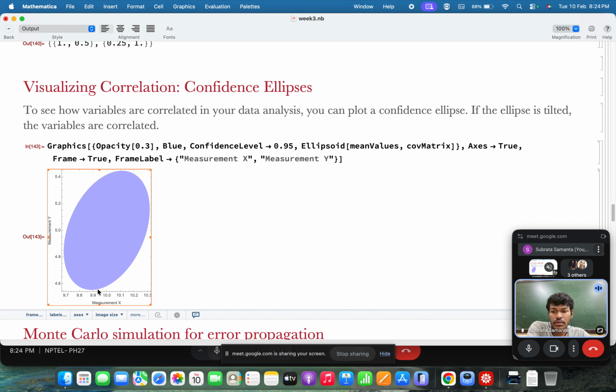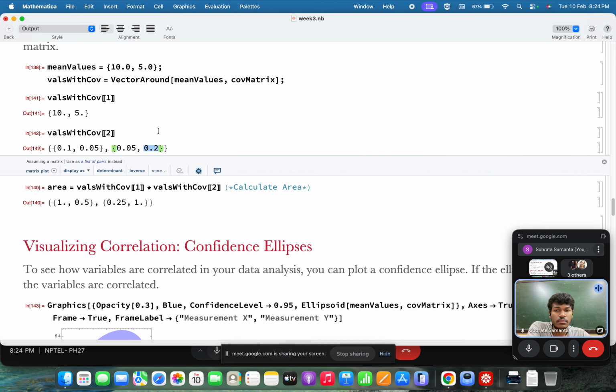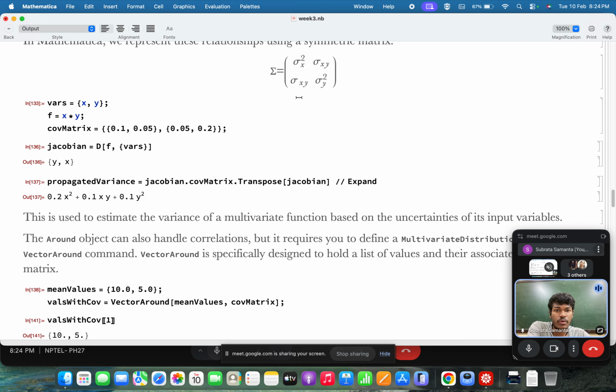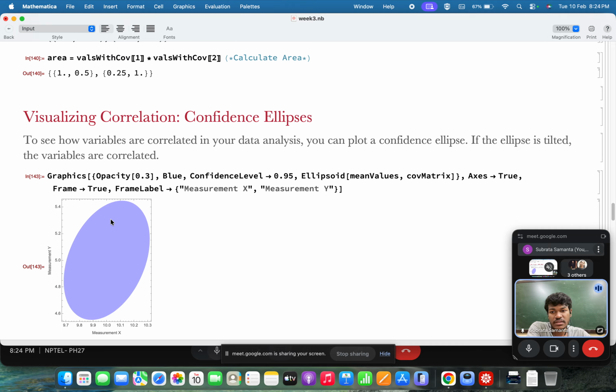That is why your x axis has a small error but the y axis has a large error, right, because this is 0.2. So, your sigma y square is basically 0.2. That is why in the y axis there is a large deviation, and in the x axis there is a small one. So, in this way you get your confidence ellipse.